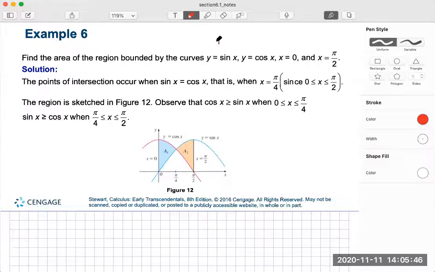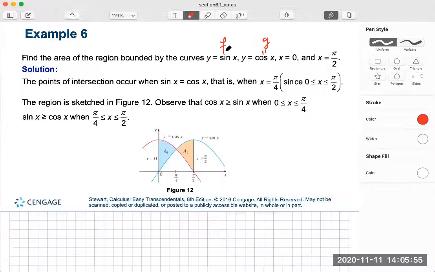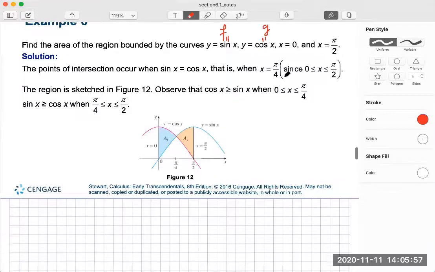If we define the first one as f, the second one as g, the region in this from 0 to pi over 2, right? If we draw a graph of these two functions, we know that there is an intersection point here at pi over 4, okay?